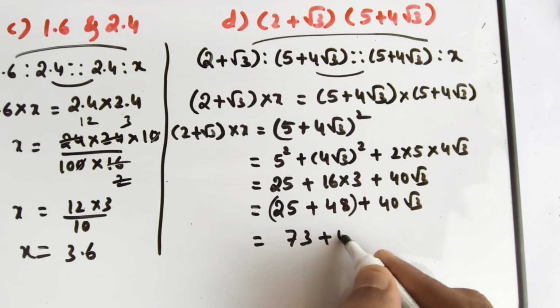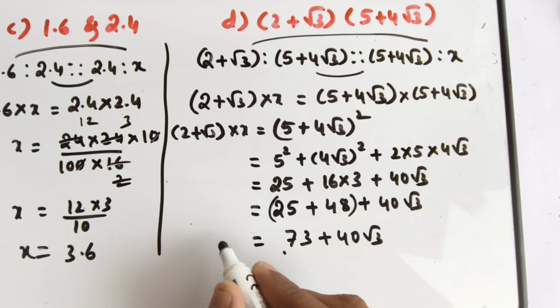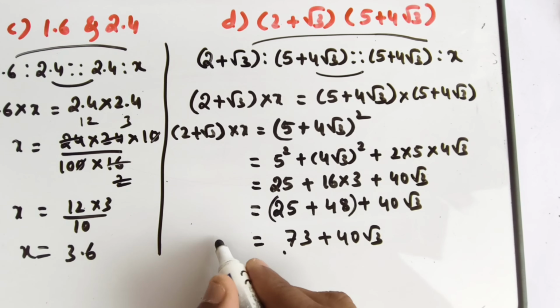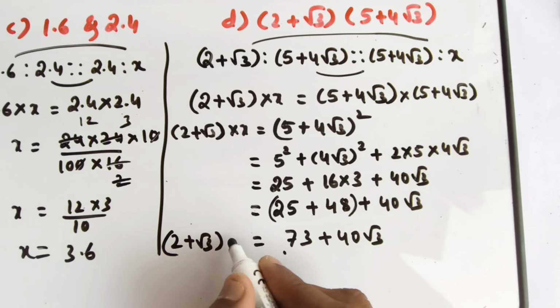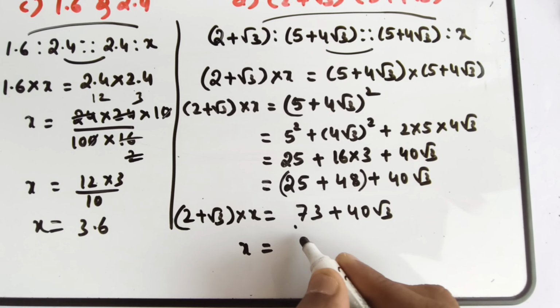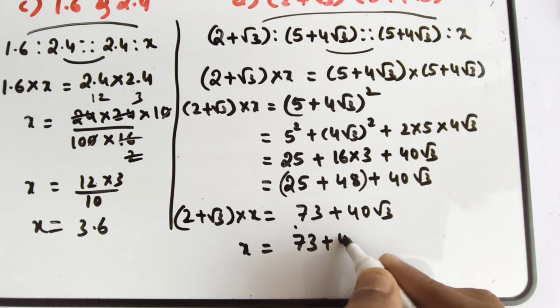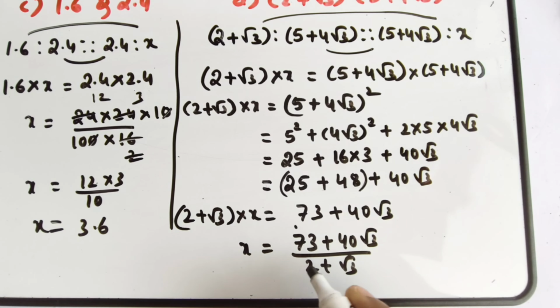73 plus 40 root 3 whole divided by 2 plus root 3 multiplied by x. Therefore x is equal to 73 plus 40 root 3 divided by 2 plus root 3.